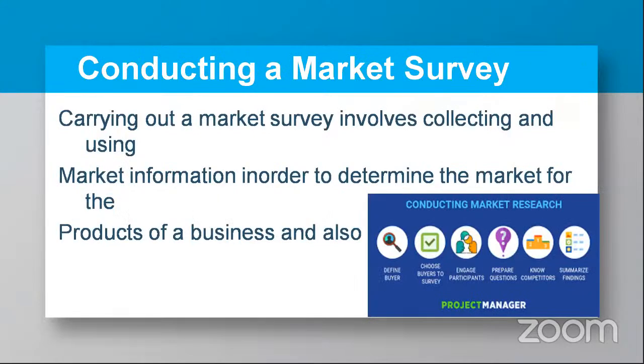Okay, conducting a market survey. Carrying out a market survey involves collecting and using market information in order to determine the market for the products of the business.